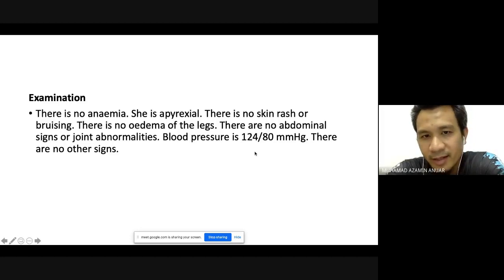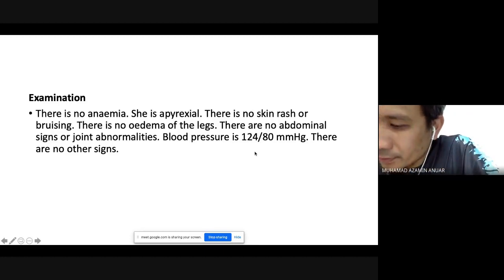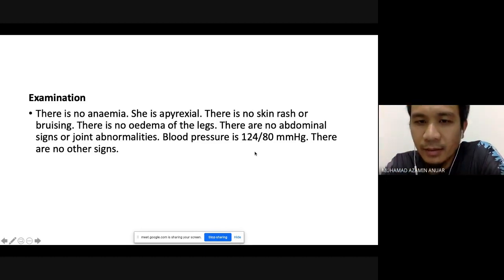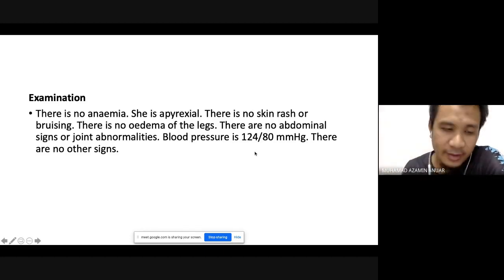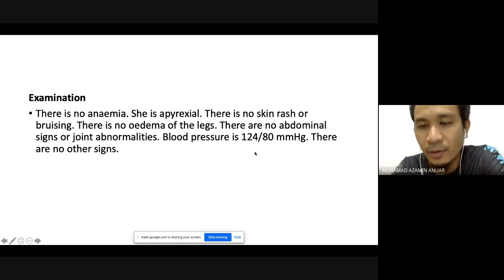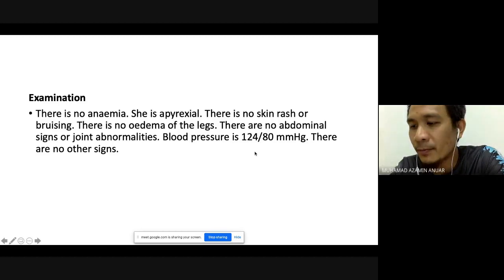No edema, saying that this is not really HSP or nephrotic syndrome. Sometimes with acute glomerulonephritis they can have a bit of edema, even though it's not as significant as nephrotic syndrome. There are no abdominal signs and no joint abnormality, so this is ruling out HSP as well. And the BP, you just need to plot it. If this is high, then this patient probably needs antihypertensive medication to control the BP.